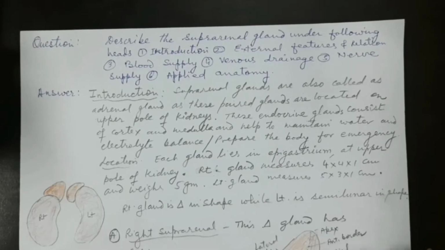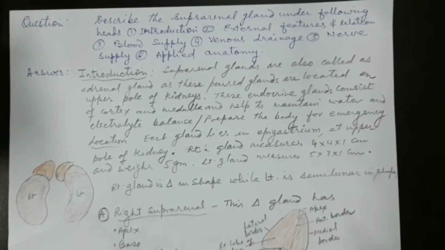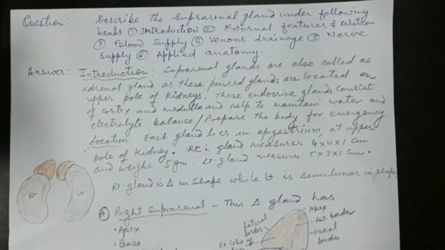Now let us come to the location of the suprarenal gland. The suprarenal glands are located in our abdominal cavity in the epigastrium region, and, as I said, on the upper pole of the right and left kidneys. That's why they are called adrenal. So this is the location.